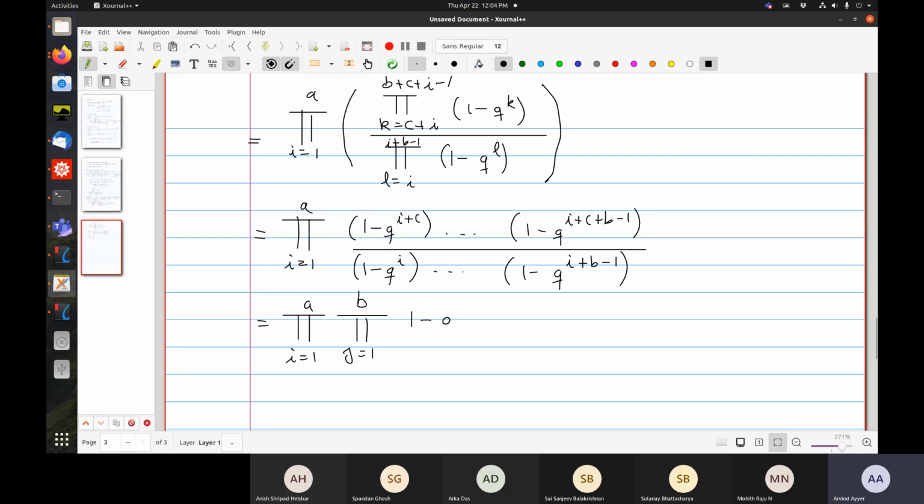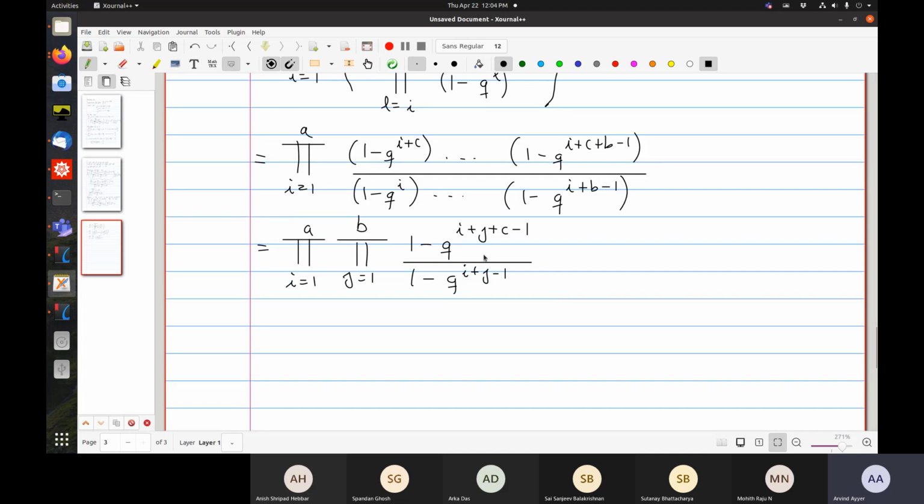So it is 1 minus q power I plus j plus c minus 1 divided by 1 minus q power I plus j minus 1. Right? Because when j equals 1, this corresponds to the first term, and when j equals b, this corresponds to this term in the numerator. And similarly, in the denominator, when j is 1, it's this term, and when j is b, it's this term.